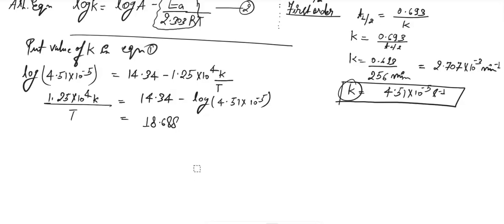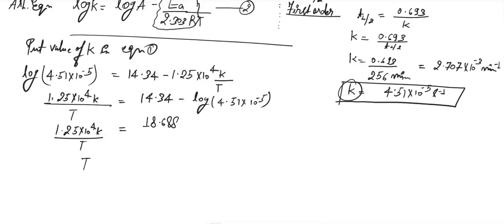Let me write this number again so that there is no confusion. This value 18.688 equals 1.25 × 10^4 K upon T.